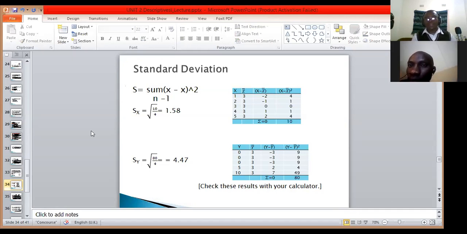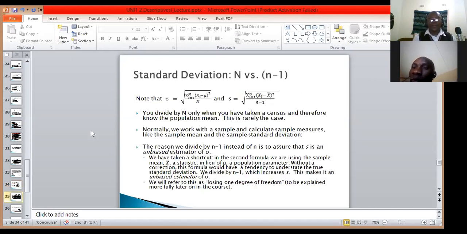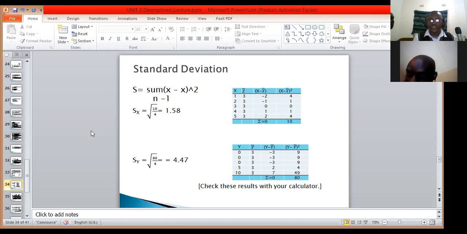So for y, it's the same thing. We put down our y elements first. Then we bring in the mean for y and find the difference, y minus y bar. Then you square the answer. Without finding the root, that's the variance.